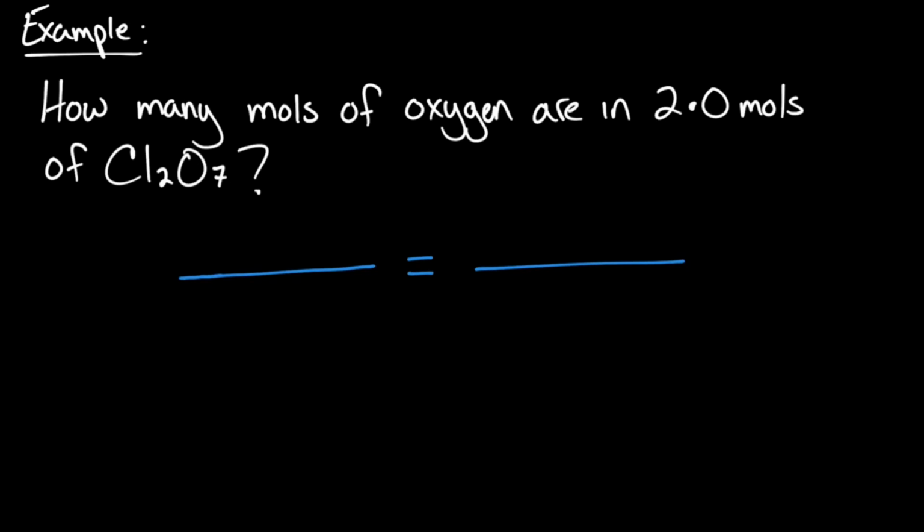So I'm just going to get those numbers from the chemical formula. So 1 mole of Cl2O7, if I have 1 mole of that compound, is going to contain 7 moles of oxygen. And again, I'm getting that 7 from the chemical formula, right? Because it's O7, Cl2O7.